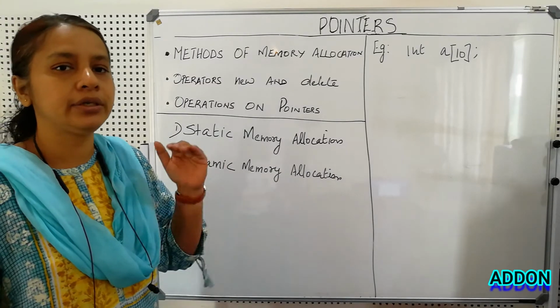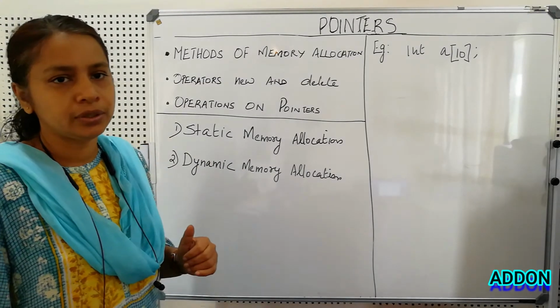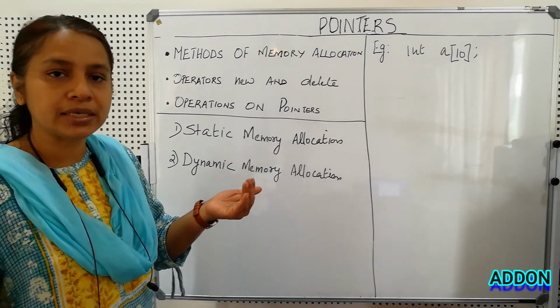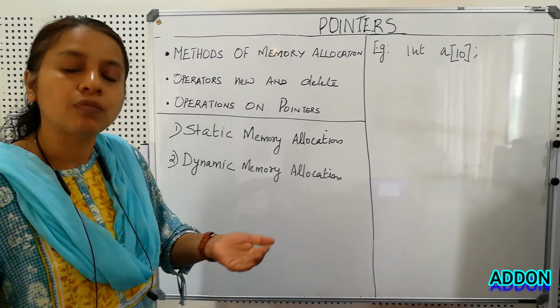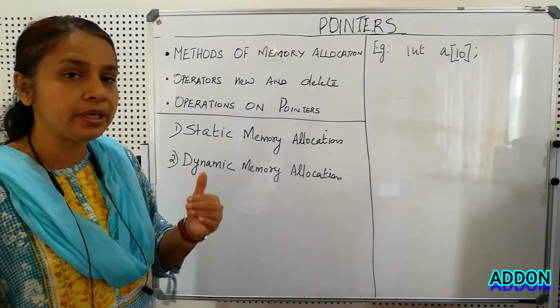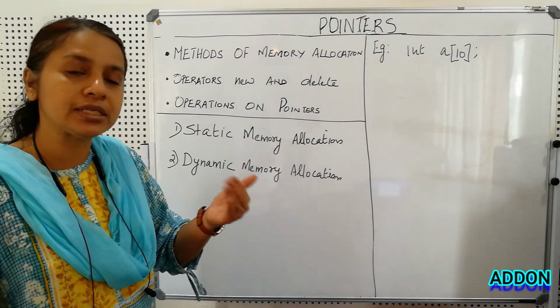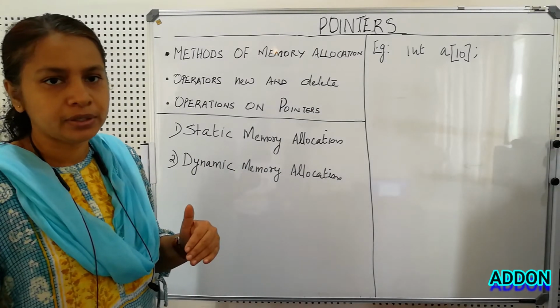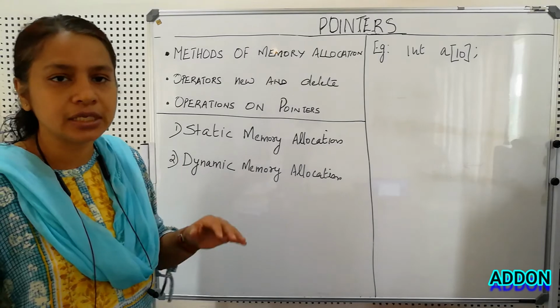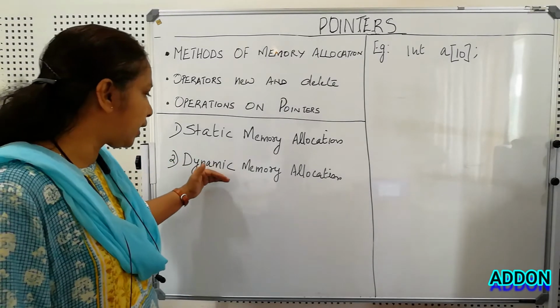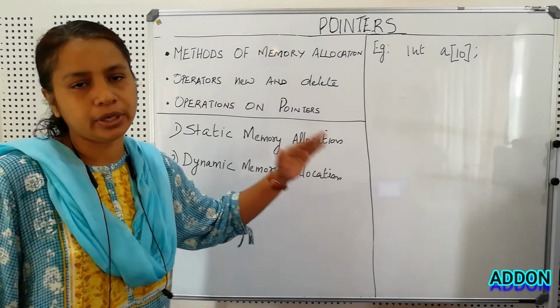In other words, the user can decide what should be the memory. How many bytes of memory should be allocated will be decided by the user. So there is no chance of wastage of memory. That is the advantage of dynamic memory allocation.